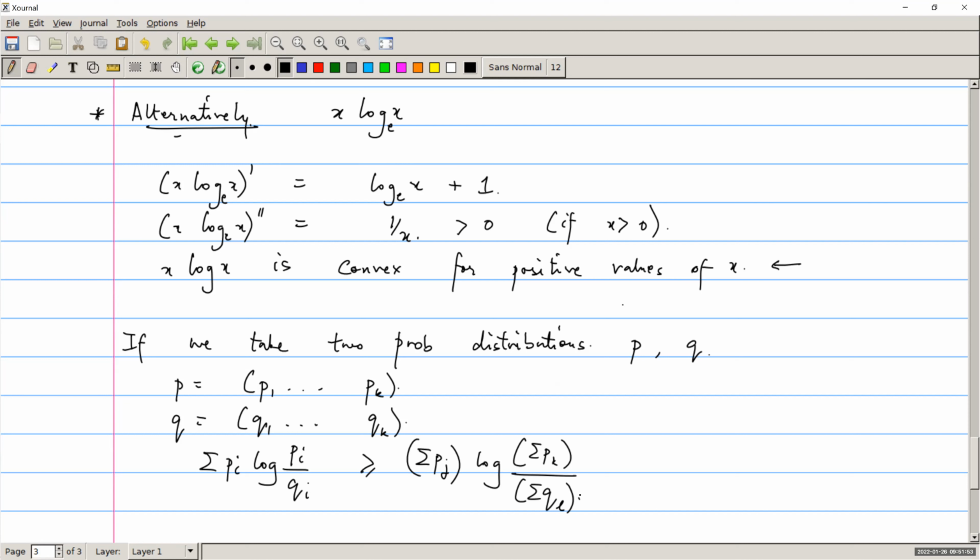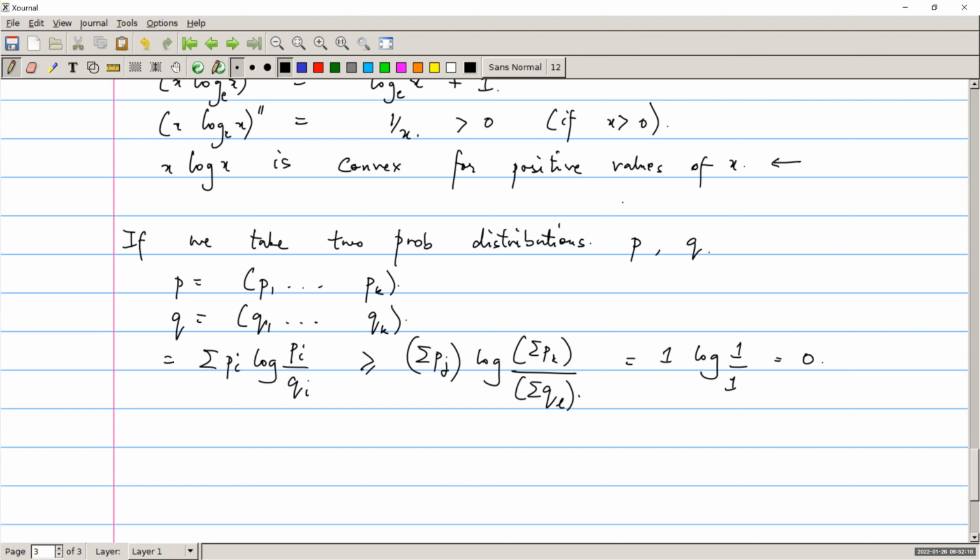But these are probability distributions. So what is the summation of all the pi's? Just 1. So log of 1 divided by 1, which is 0. But the quantity on the left, what is this? We defined this quantity last class.